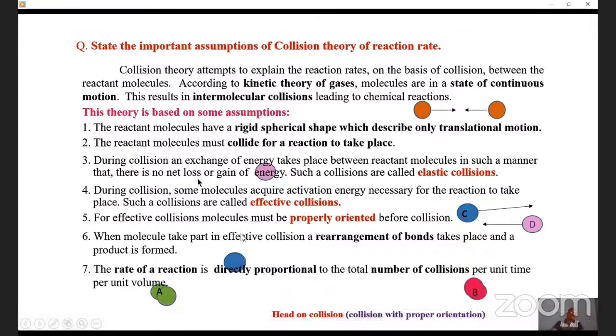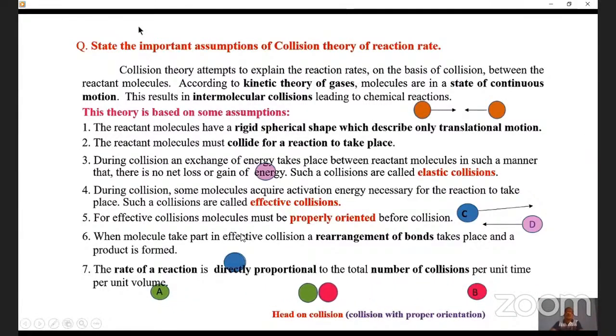The next assumption of this theory is that during the collision, some molecules acquire the activation energy necessary for the reaction to take place. Such collisions are called effective collisions. To understand this, let us take a simple example.